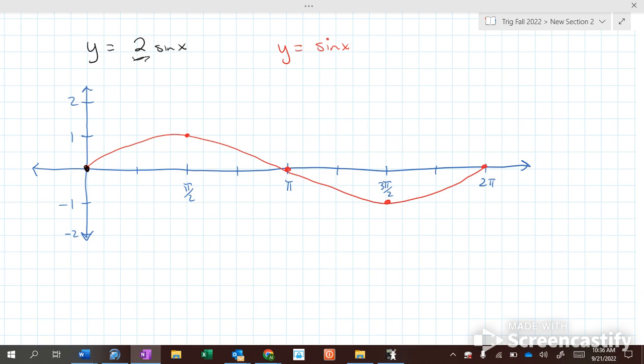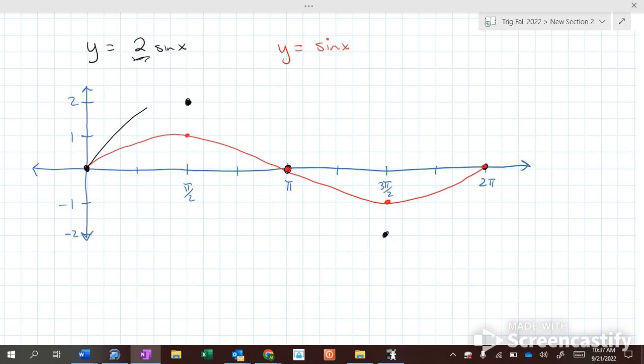So if the y value is 0, it doesn't change. What's 2 times 1? 2. So at pi over 2, we're going to be up at 2. At pi, we're at 0. So what's 2 times 0? 0. At 3 pi over 2, 2 times negative 1 is negative 2. And at 2 pi, we're at 0.